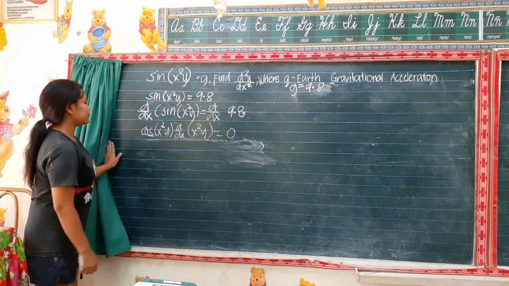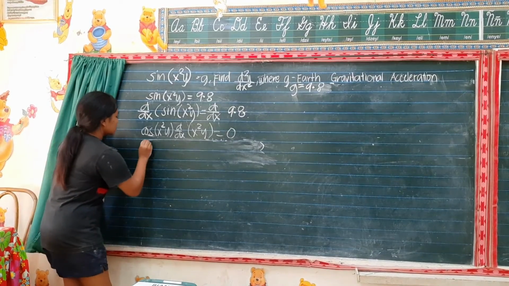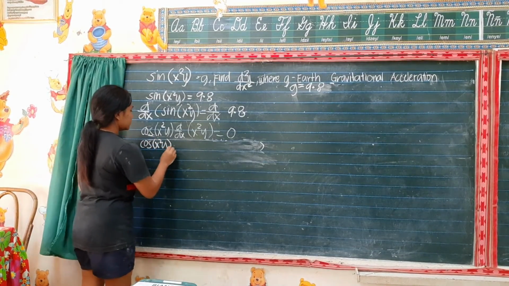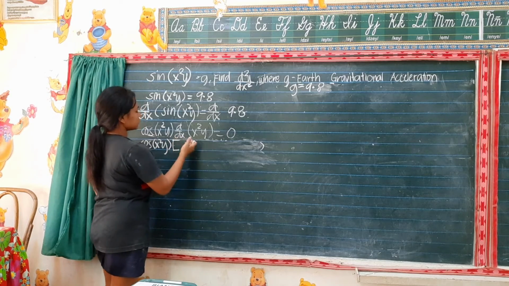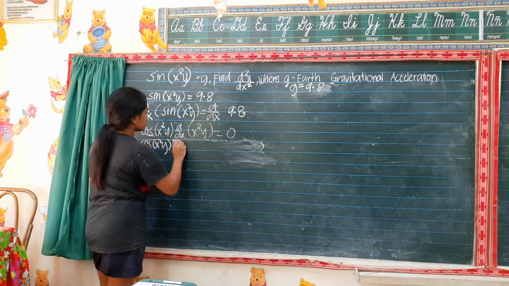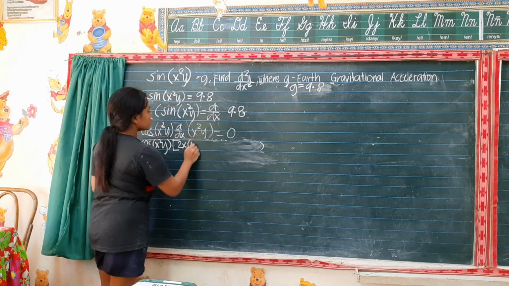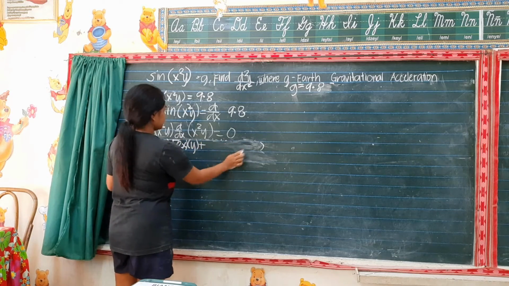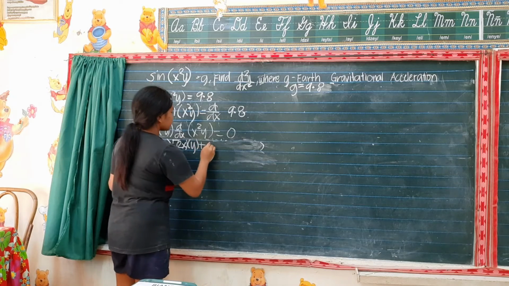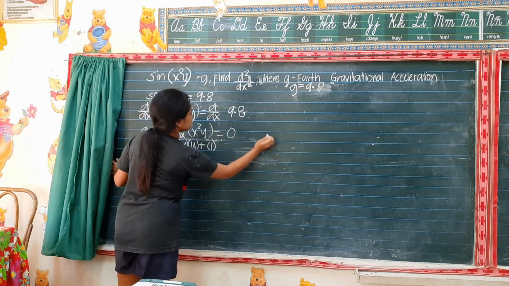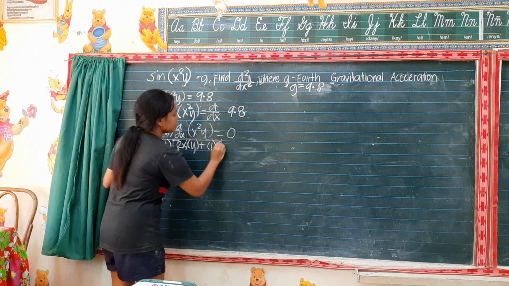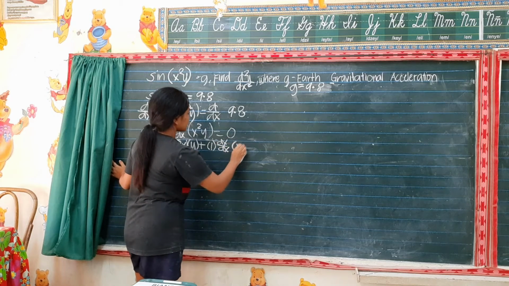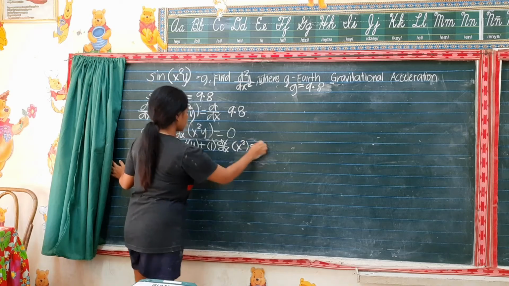Next is to differentiate using the product rule. So cos of x squared y, bracket, then the derivative of x squared is equal to 2x, then copy y, plus the derivative of y is equal to 1. Then when we differentiate y, we need to write dy over dx, then copy x squared, is equal to 0.